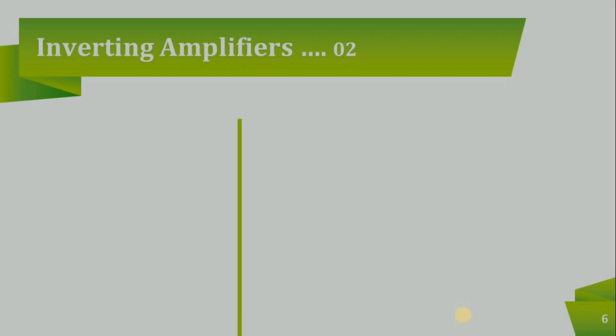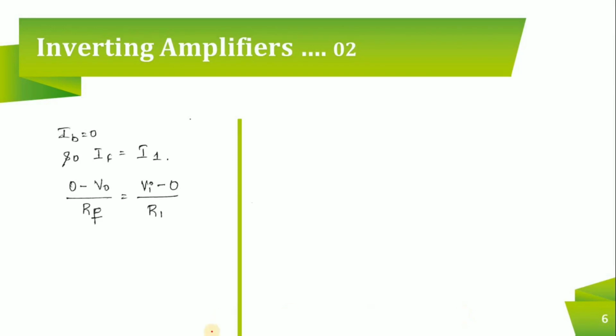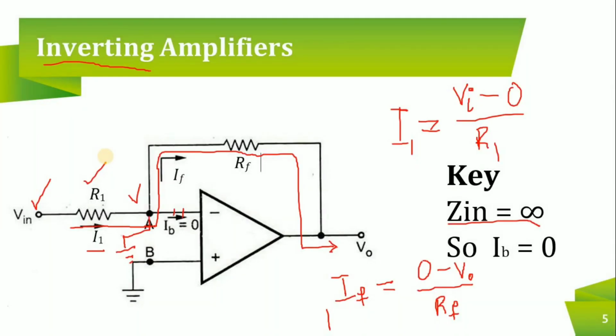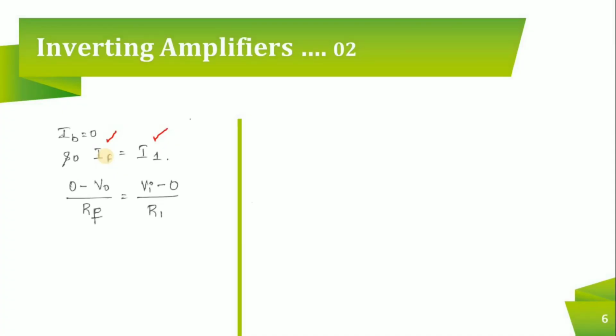So coming to the analysis part, I want to find I1 and IF. I found the values here, so using those same values, IF is equal to minus V0 by RF, and I1 is equal to Vin by R1.